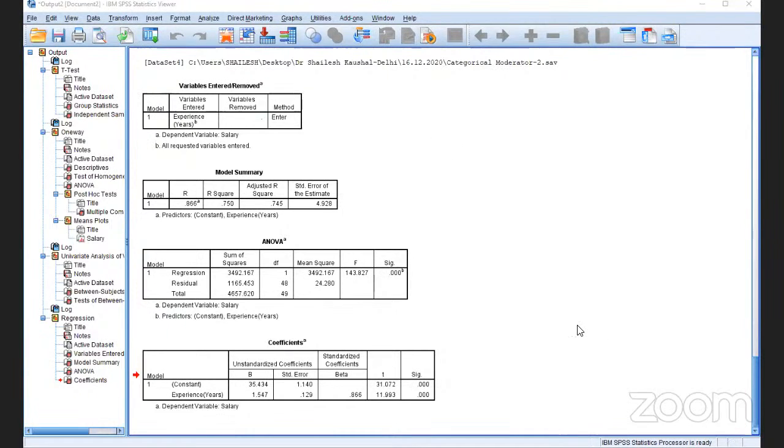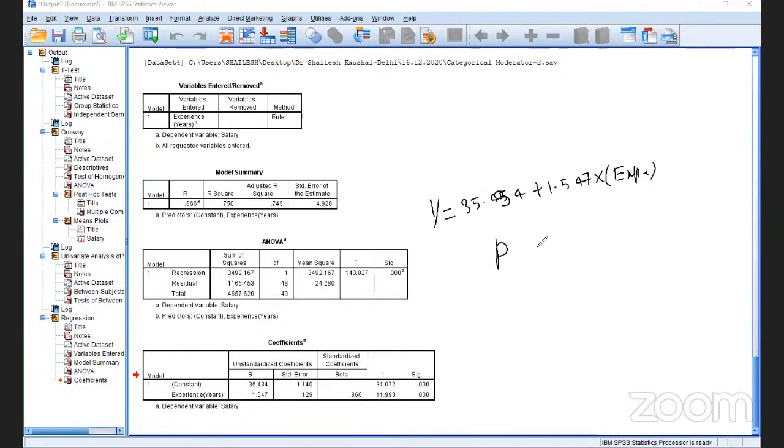So here, the relationship between the two, we can see here. What is the relationship? This is my equation: y equals 35.434 plus 1.547 into experience in years.